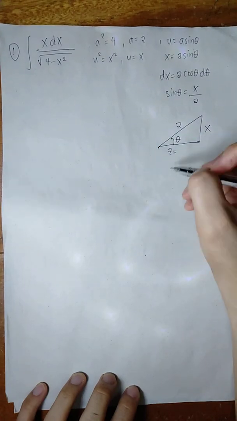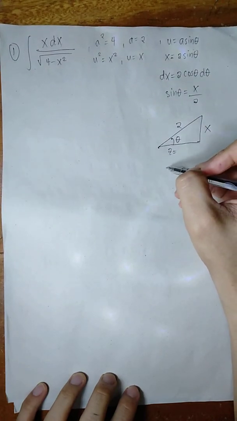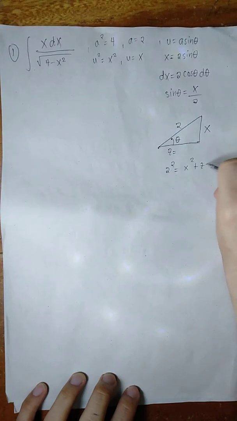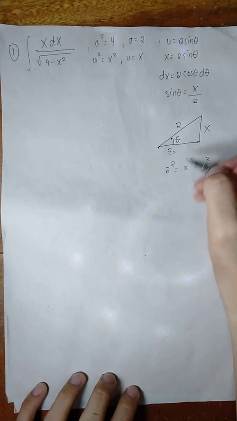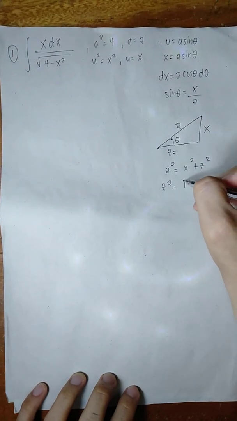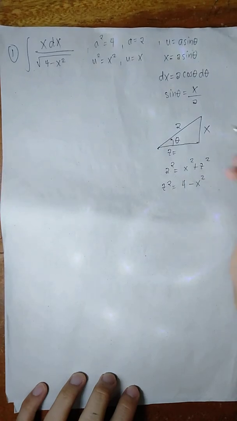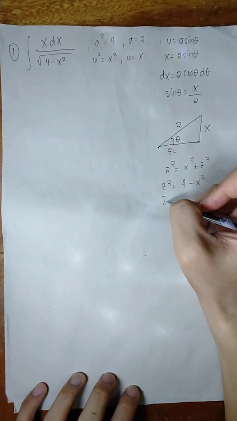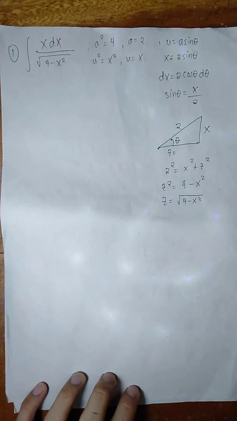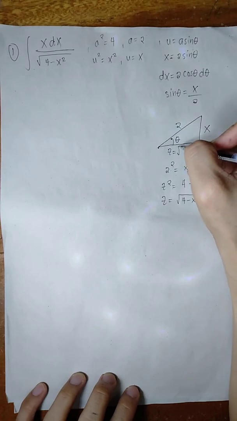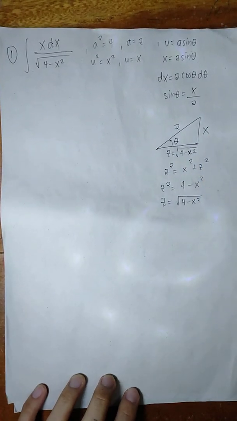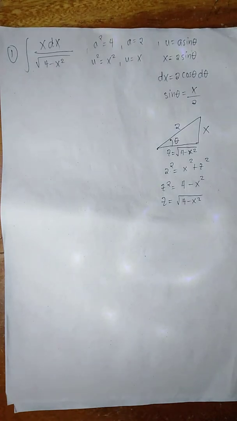Using Pythagorean, hypotenuse 2 squared is equal to x squared plus z squared. To solve for z, transpose, so z squared is equal to 2 squared, which is 4, minus x squared. And taking the square root of both sides, z is equal to the square root of 4 minus x squared. So that will be our triangle now.